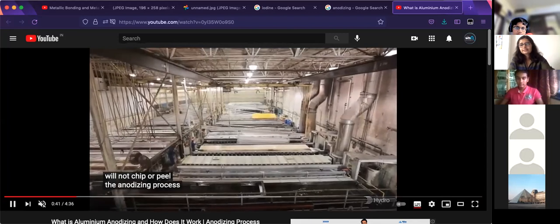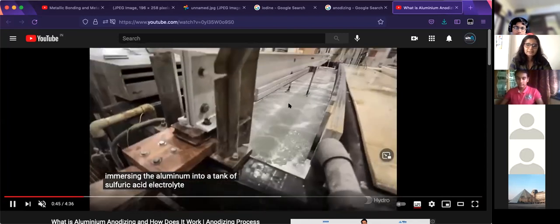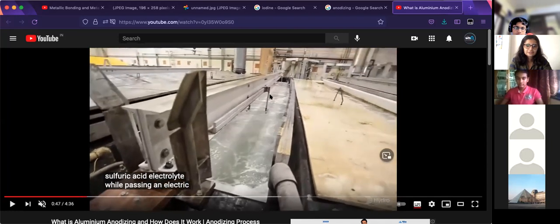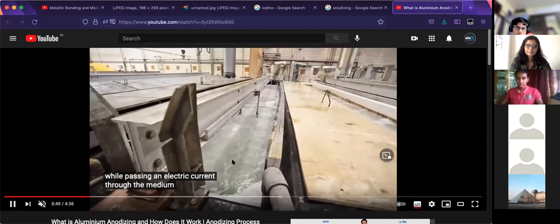And this is how anodizing is done. You have these tanks where the aluminium things are inserted in a solution. Electrolysis is done, you pass the electric current, oxidization reaction happens, and it's coated with a layer of oxygen there, like aluminium oxide.